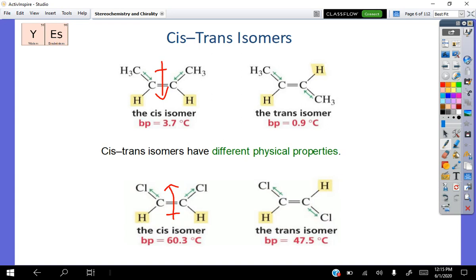When you're looking at a trans isomer, the dipoles go in equal and opposite directions, and so there is no net dipole, so you're left with London dispersion interactions only. As a result, since there are stronger forces in these cis isomers, we end up with a higher boiling point as a result of those stronger intermolecular attractions.